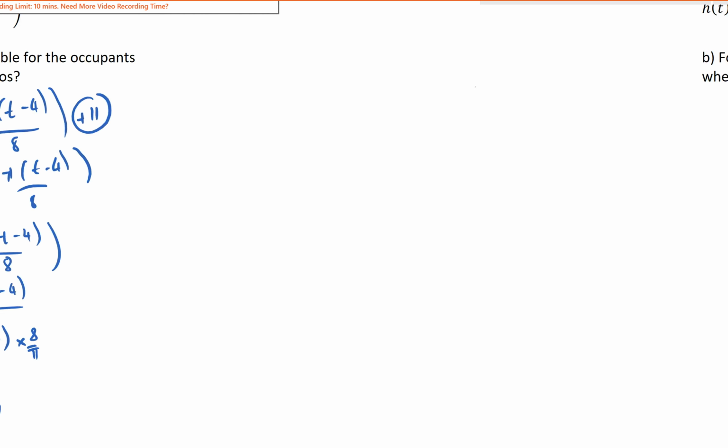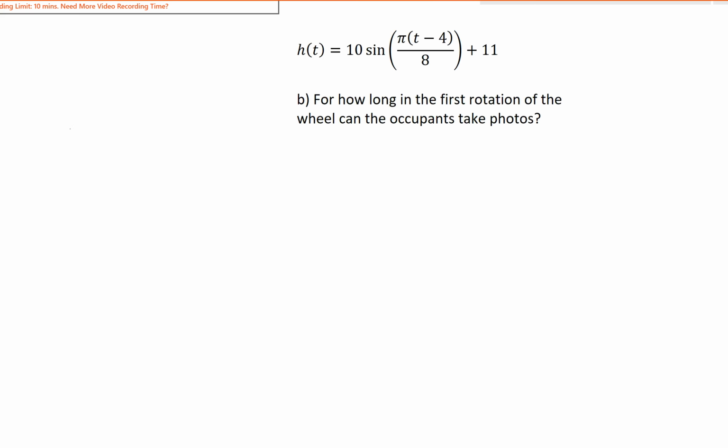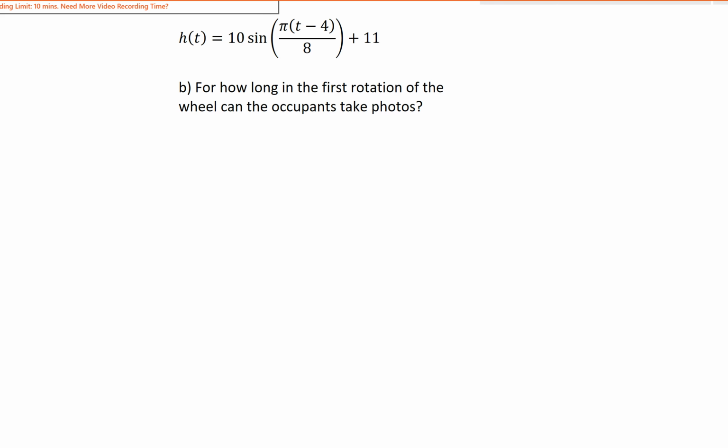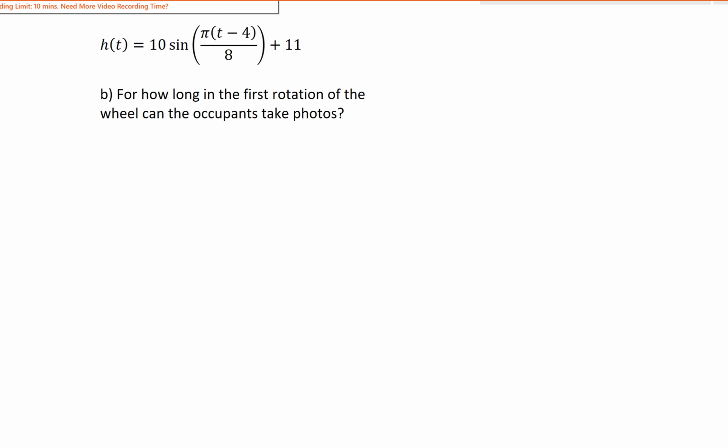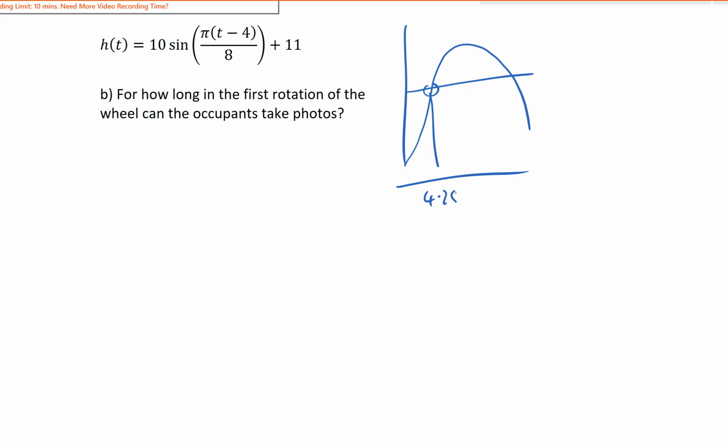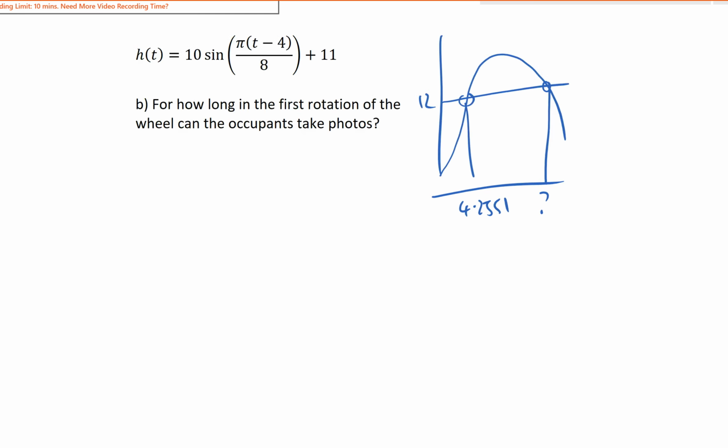What I need to do now is find how long I can take photos for. So in other words, there's our graph. There's 12. There's 4.2551.